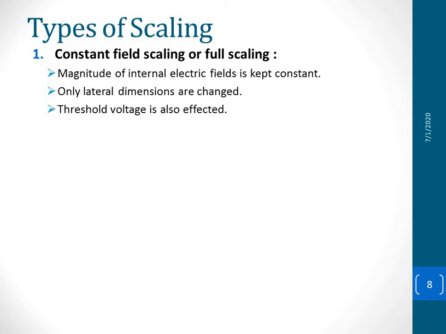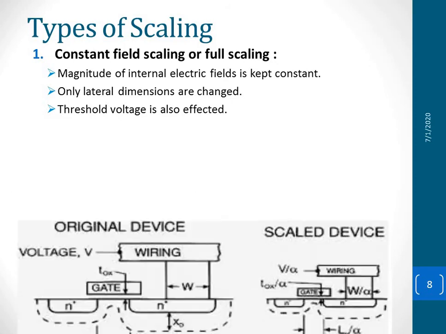Many things are incorporated inside the MOSFET. The magnitude of the internal electric field is kept constant and only lateral dimensions are changed. The threshold voltage is affected because of the change of the lateral dimensions.